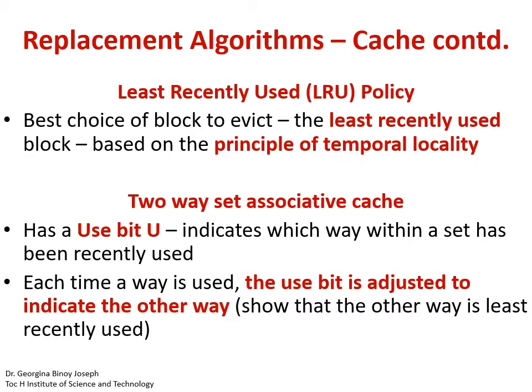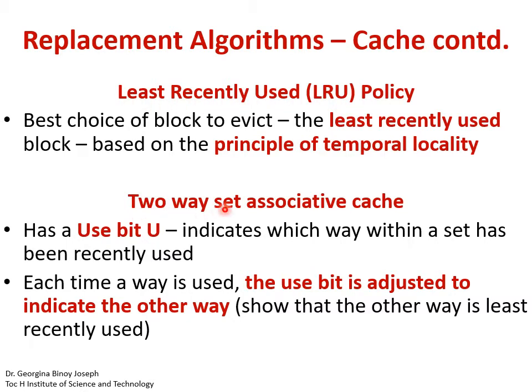Just to revise that, temporal locality means, in simple terms, if the processor has used a particular data now, it may need it immediately in the near future. So looking at that principle, the block that has been least recently used we can choose to evict, and that is the foundation of the LRU policy.